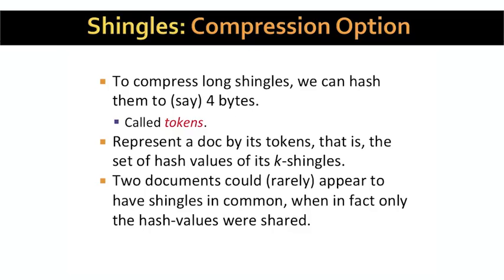There's a small chance of a collision where 2 shingles hash to the same token, but that could make 2 documents appear to have shingles in common when in fact they have different shingles. But such an occurrence will be quite rare. In what follows, we'll continue to refer to shingle sets when these sets might consist of tokens rather than the raw shingles.